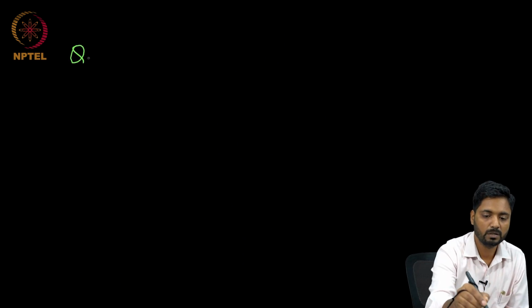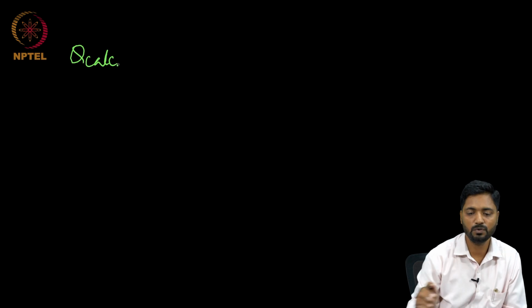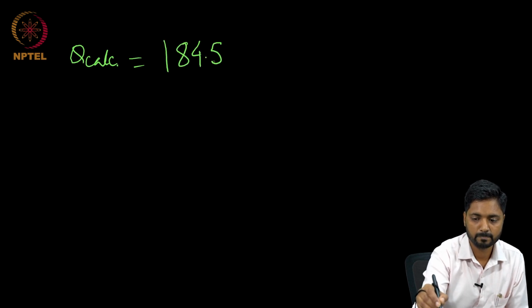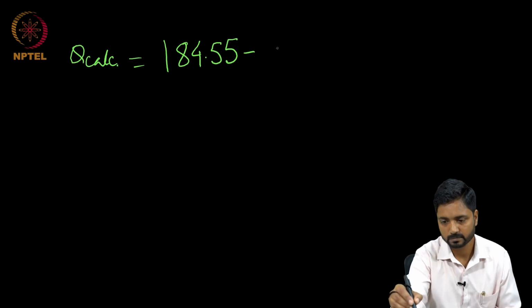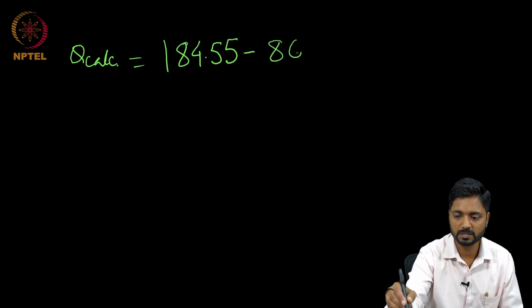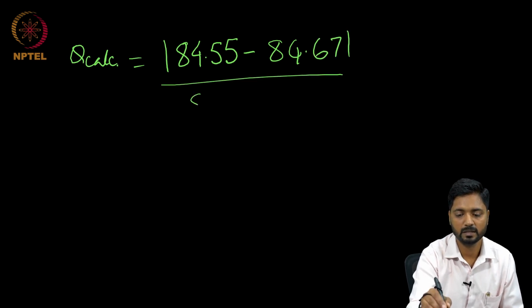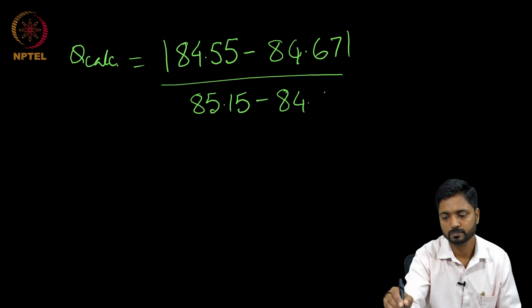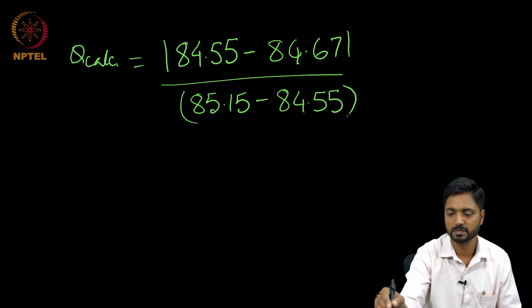Similarly, when we do the exercise for the smallest value of length, which is 84.55, the nearest reading to it is 84.67 and the width of the data or the spread of the data is this.